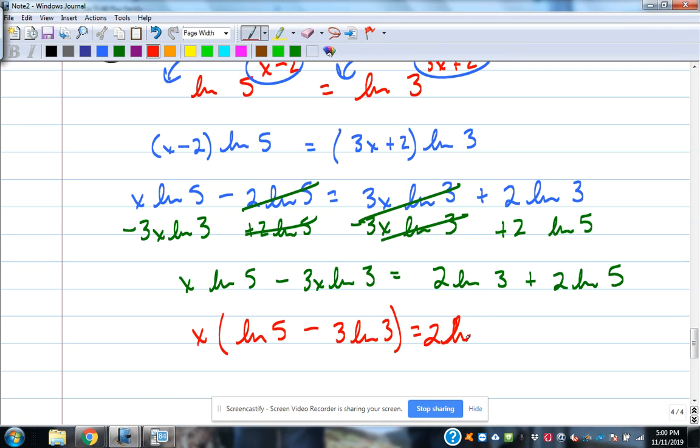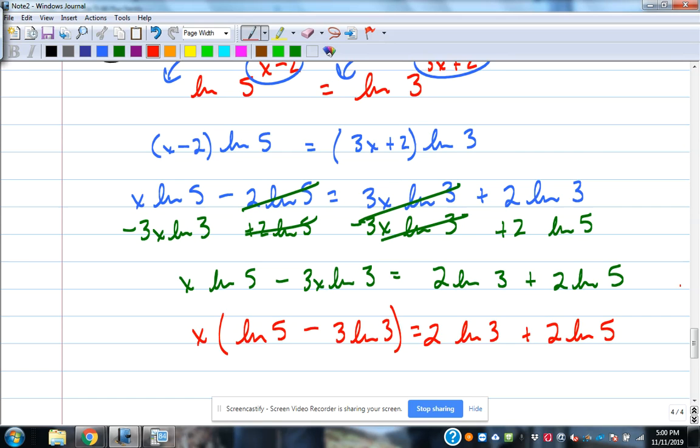Equals 2 natural log of 3 plus 2 natural log of 5. Now, what do we know about this stuff in parentheses here? It's just numbers. It's natural logs, but it's just numbers. So we've got x times a number is equal to a number. So what do we do to get x by itself?